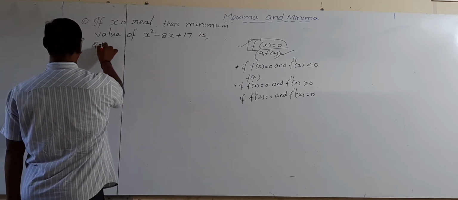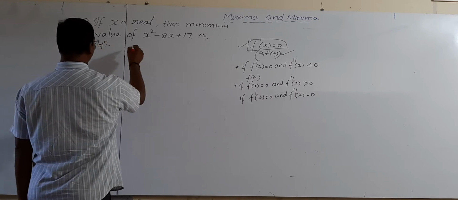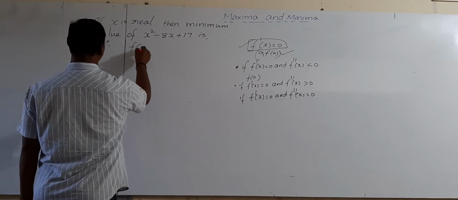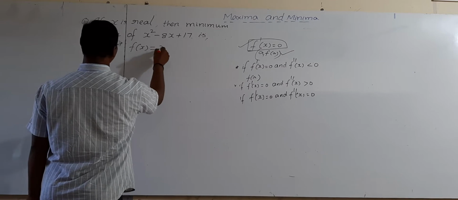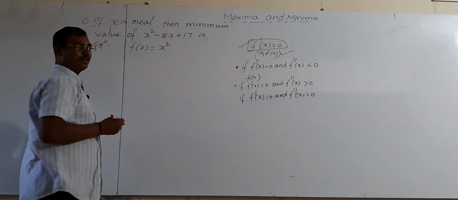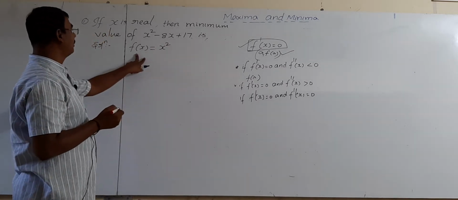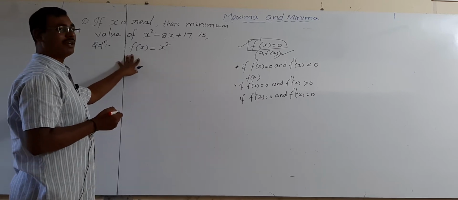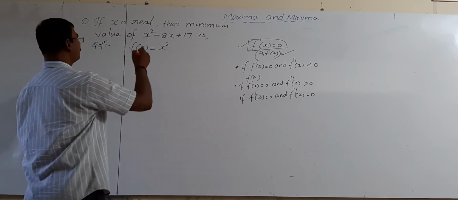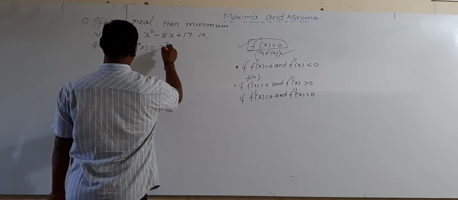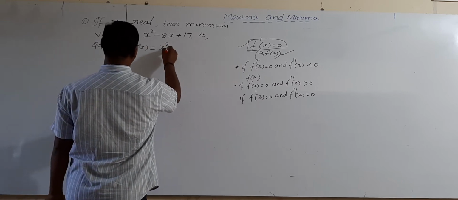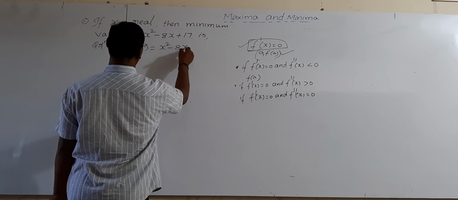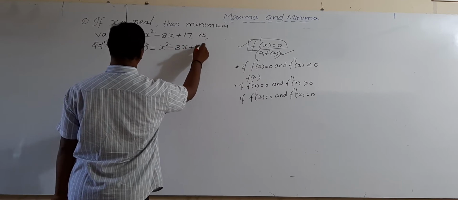So to find the minimum value, let us take f of x is equal to x square minus 8x plus 17, this is the problem. All of you listen with more attention and carefully remember the methods. I will follow the first derivative test method and solve the question in all methods.